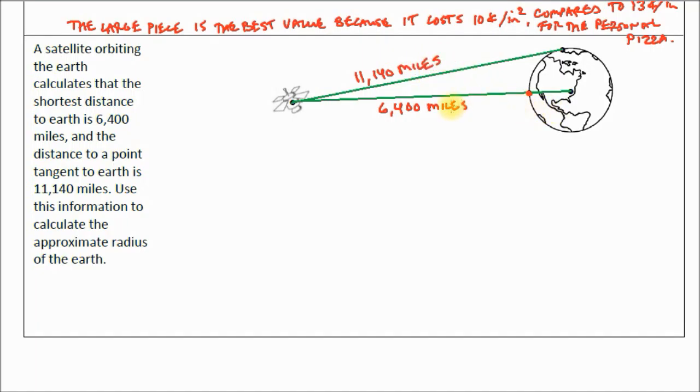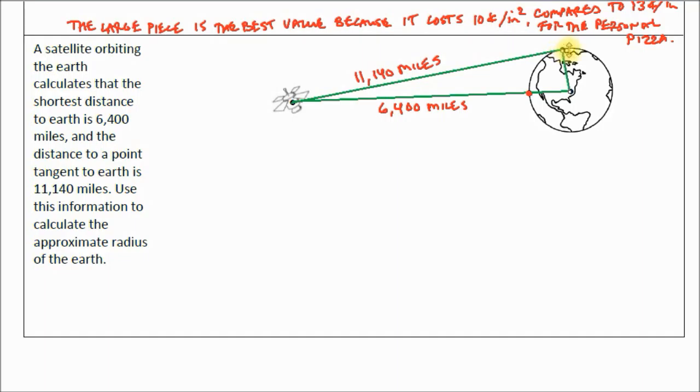Okay. Well, we have to find the approximate radius of the Earth, and to do that, we have to remember our rules of tangents and radii. If you have a tangent to a circle and a radius of the circle touches the point of tangency, that creates a right angle. We've already had that shown in class. So let's make a right triangle out of this.